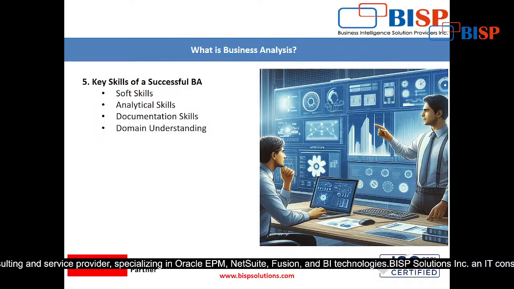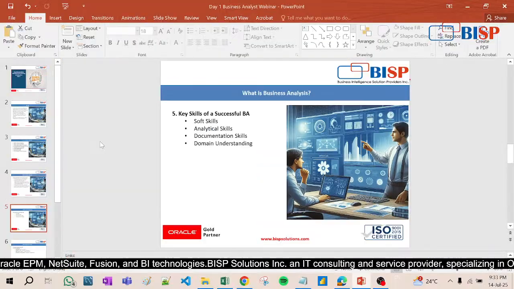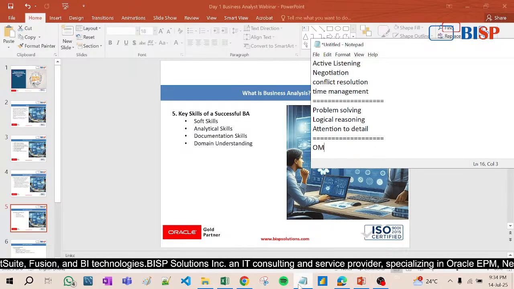And the requirement freezing document, the BRD, FRD, TRD, technical requirement document, all these things can be prepared in MS Word. So a person should be good in MS Office, right? It includes Word, Excel, PPT, that's it.